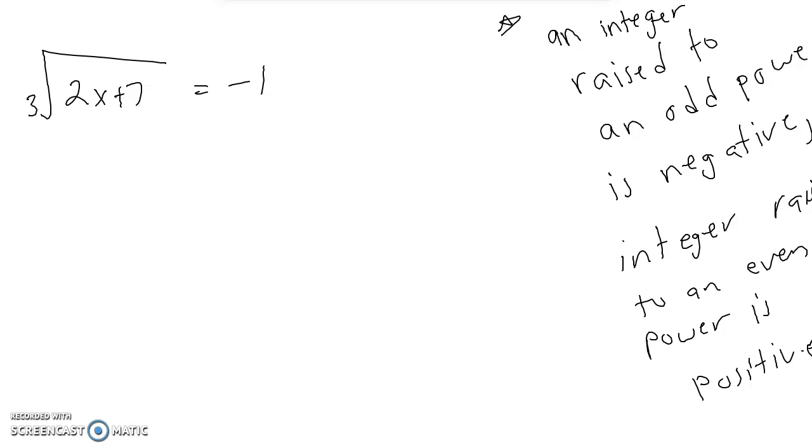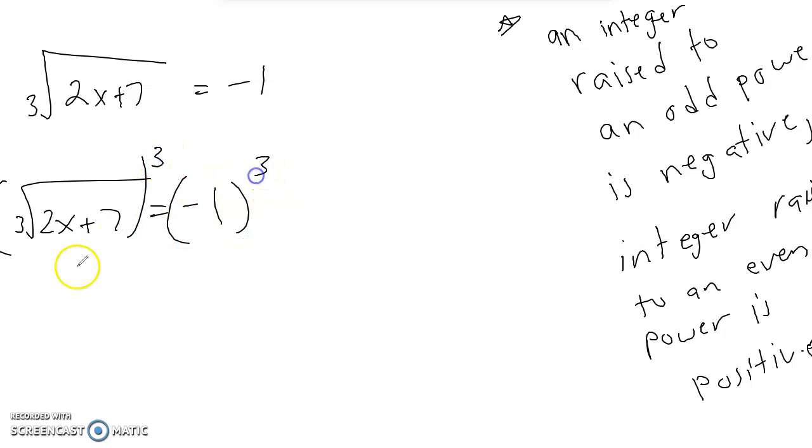So here we have the cube root of 2x plus 7 equals -1. The first step I need to do to solve for x is to isolate the radical. Right now it's already isolated, it's already by itself on one side. So now I can start doing inverse operations to isolate the x. The first thing I'm going to do is cube both sides to remove that cube. So now I'm just left with my radicand and -1 raised to a third power.